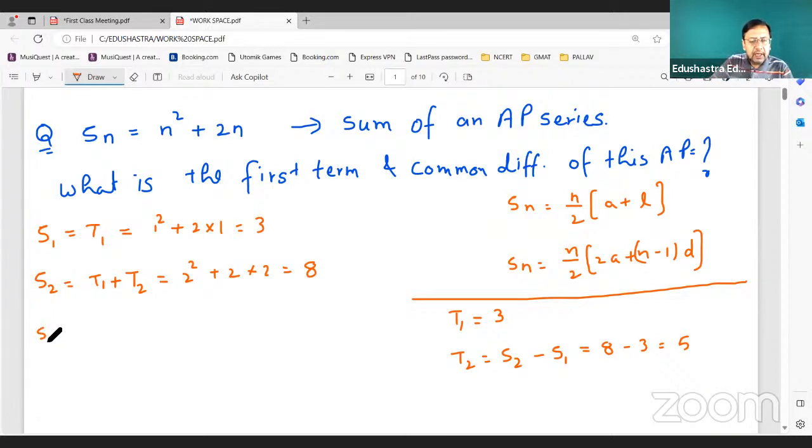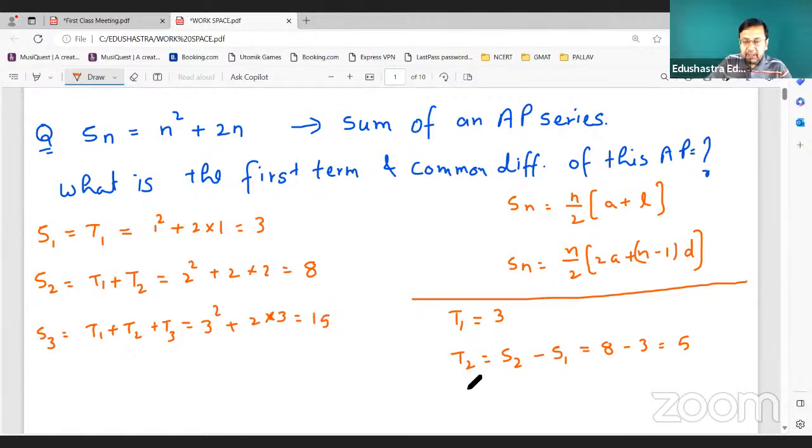So this is S3. S3 is T1 plus T2 plus T3, the summation of three terms. And this is 3 square plus 2 into 3. So this is 9 plus 6, which is 15.